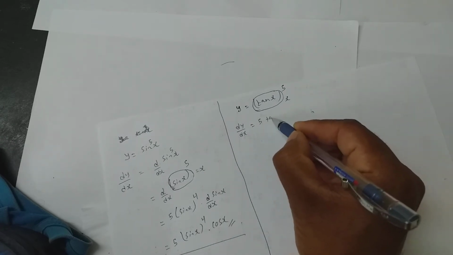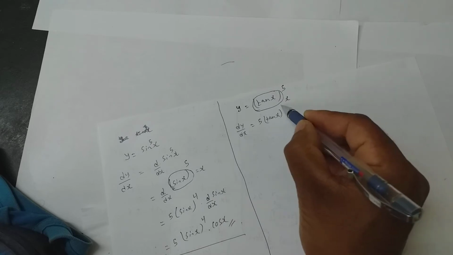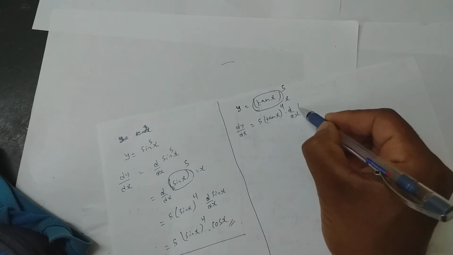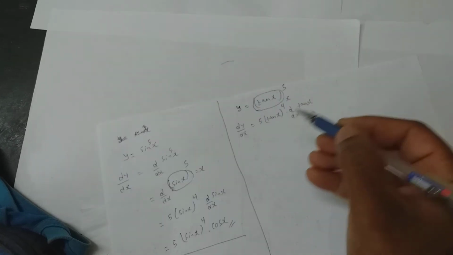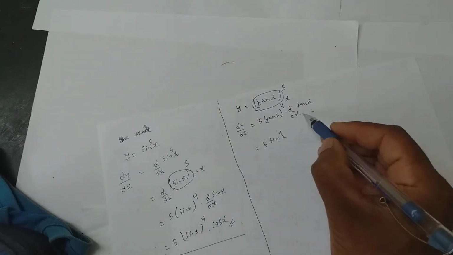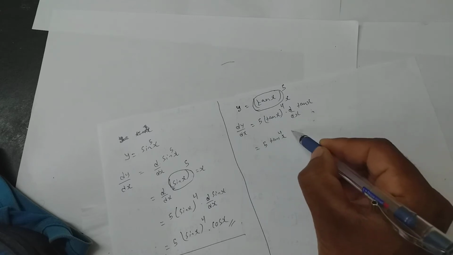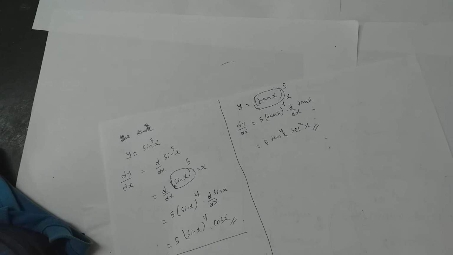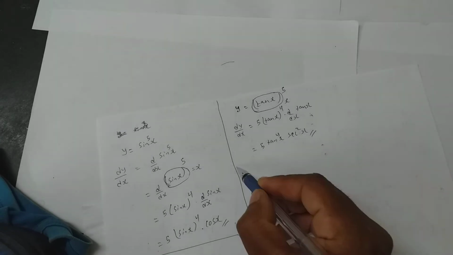So 5 into tan^4 x into d by dx of your assumption, which was tan x. Differentiation of tan x is sec^2 x. So this is the answer. Am I clear? One more example.